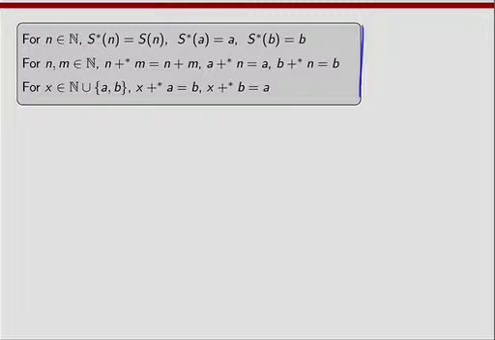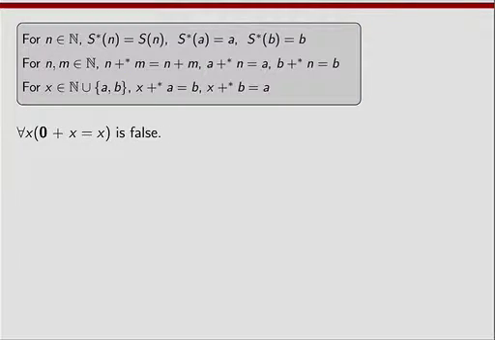We have a new successor symbol. So the interpretation of our successor function symbol is going to be S star. Interpretation of plus is going to be plus star. And this is how plus star works and S star works.